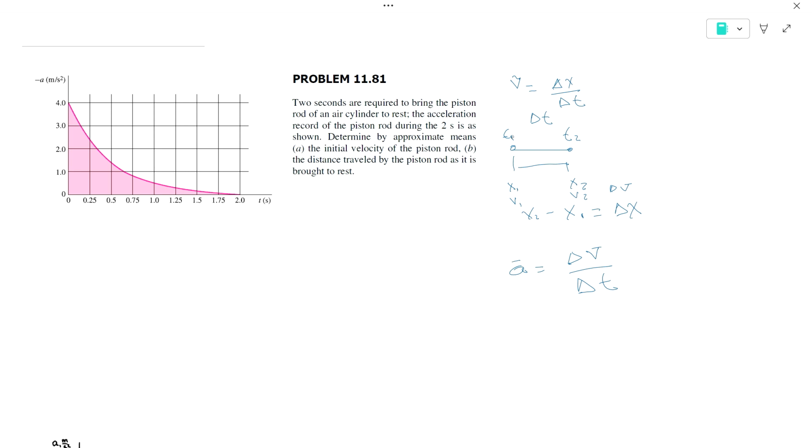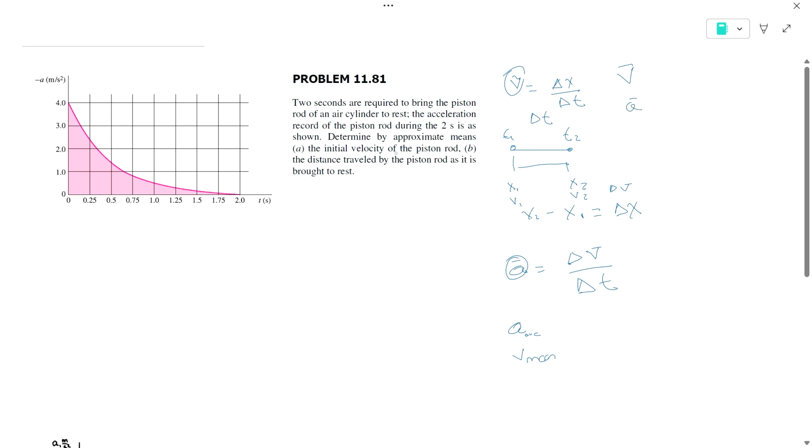This could be presented as a tilde or a bar on top, or you can basically just write average. Mean velocity could also be used, but usually you'll find it like this or like that. So v with a bar is average velocity, and a with a bar is average acceleration.